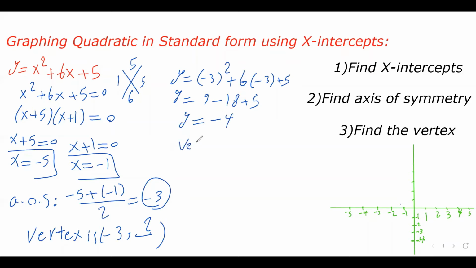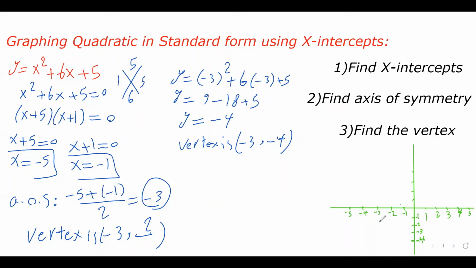So the vertex has x-coordinate -3 and y-coordinate -4. This is my vertex. I have the vertex and the x-intercepts. All I need to do is plot these points on the Cartesian grid. Let's start with the vertex. It's at -3 and -4. 1, 2, 3.